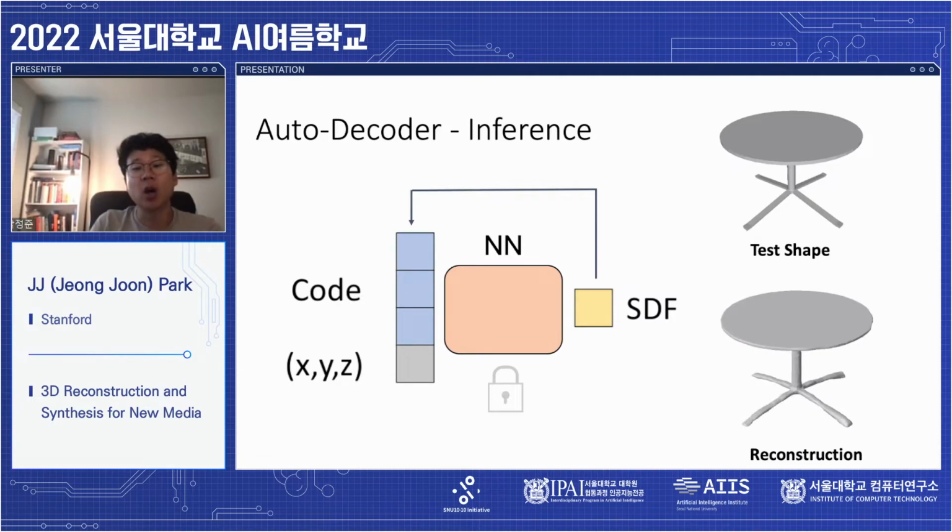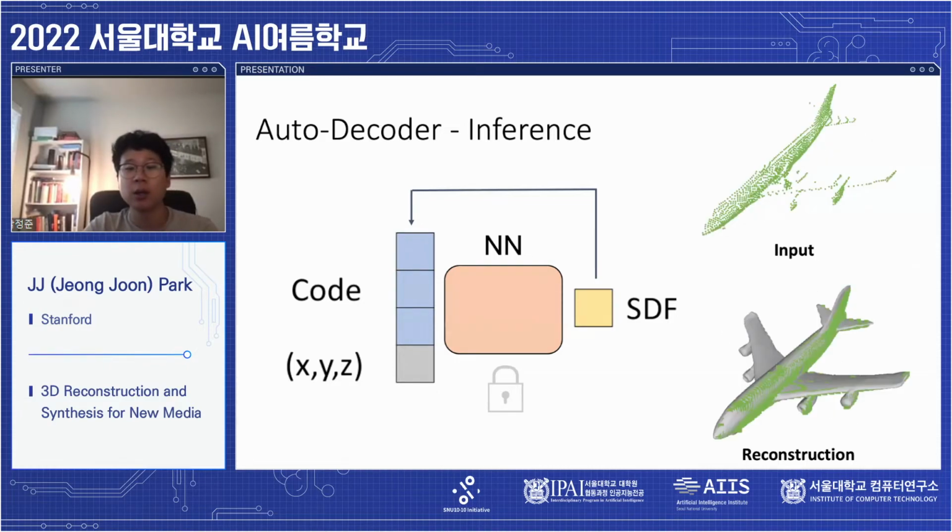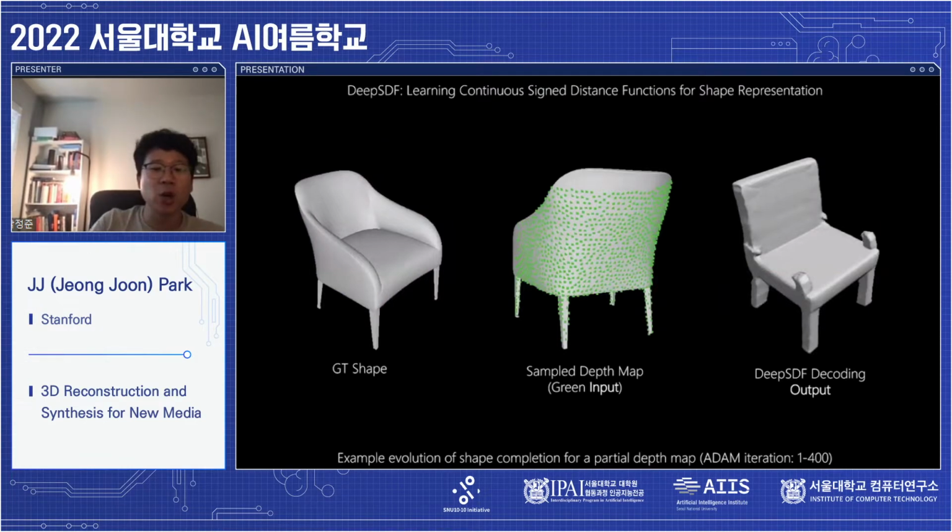So we can find a code that best explains the full 3D shape as shown here, or we can perform inference also on partial observations, such as a depth map shown here, because the autodecoder formulation allows you to do inference on an arbitrary number of point observations. In this video, we show the visualization of the optimization process, which is trying to find a code that best explains the green dots in the middle frame.